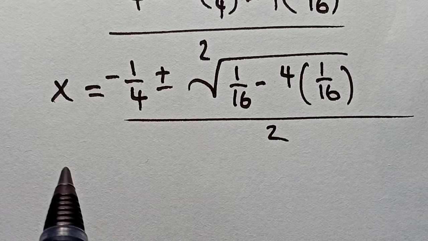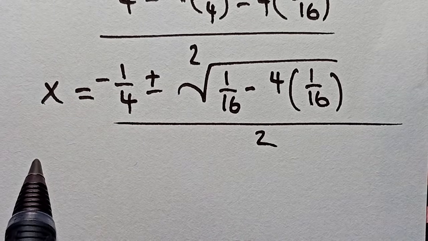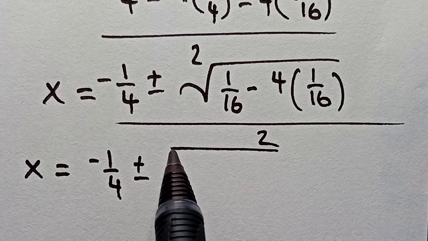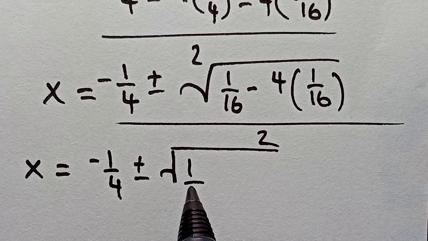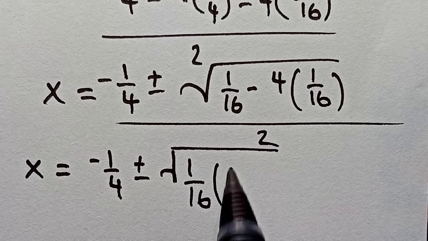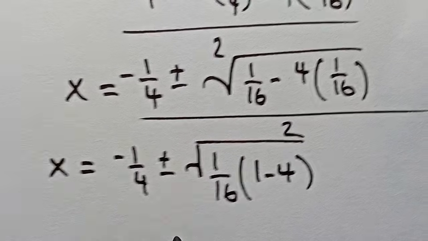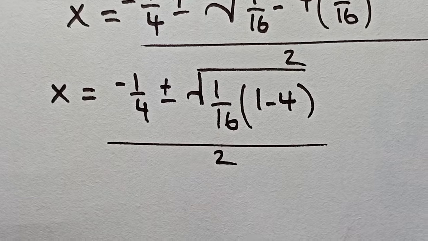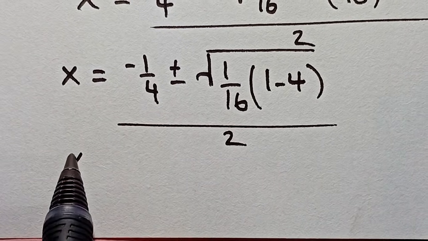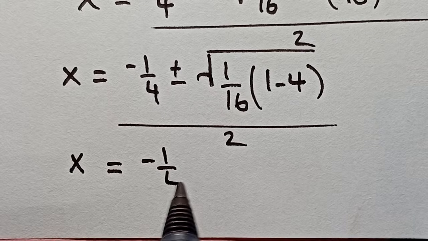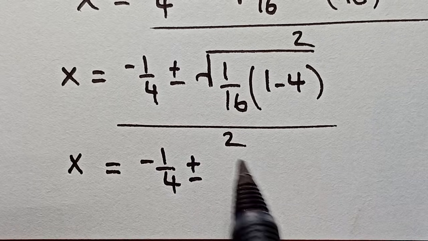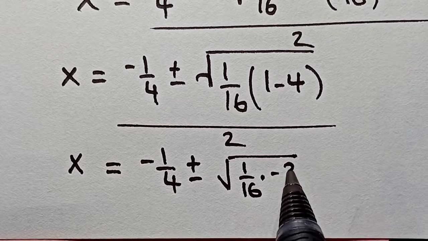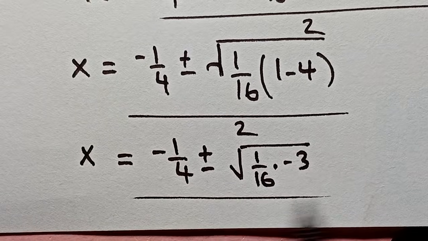Then when we factor this out, we discover that x equals minus 1/4, positive or negative, square root of 1/16 times (1 minus 4), over 2. So we have x equals minus 1/4, positive or negative, root of 1/16 times minus 3, over 2.